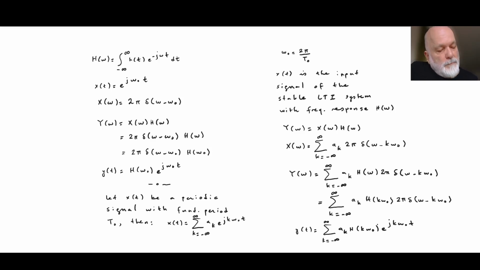So we interpret the product a k H of k omega 0 as the kth Fourier coefficient of y of t.